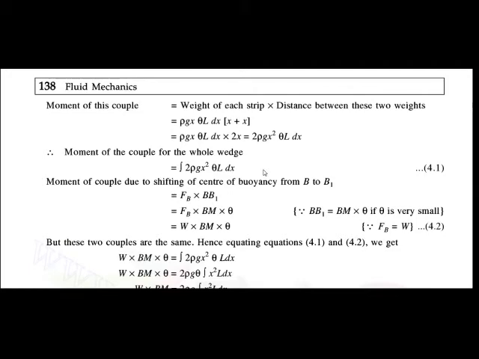This couple is equal to the couple formed due to the shifting of the center of buoyancy from B to B1. So the moment of the couple due to the shifting of the center of buoyancy from B to B1 is equal to the force of buoyancy into the distance BB1.